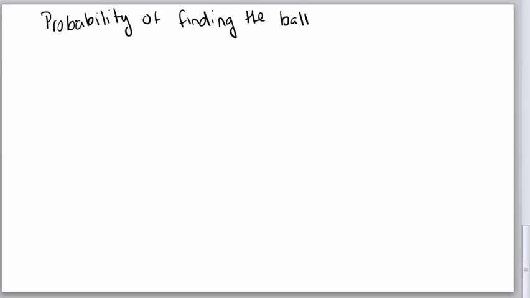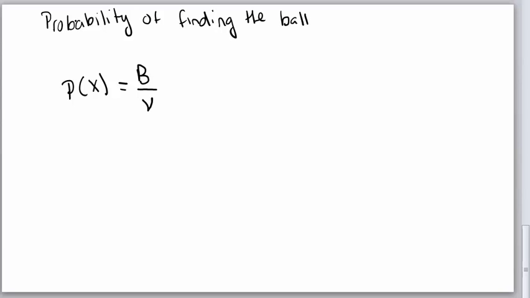Well, let's define this probability as P of x. So it's a probability with respect to displacement x, proportional to 1 over v, where v is velocity.